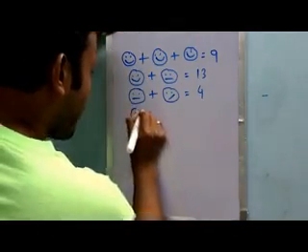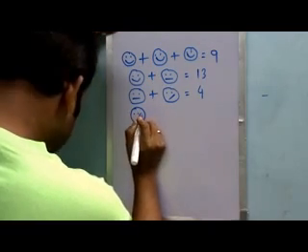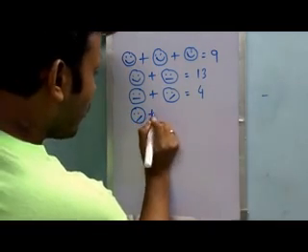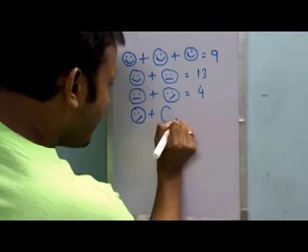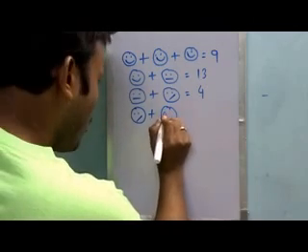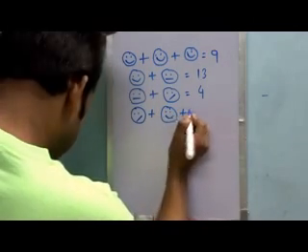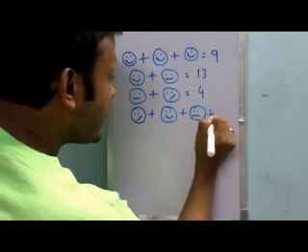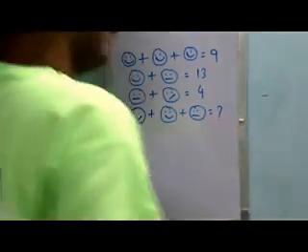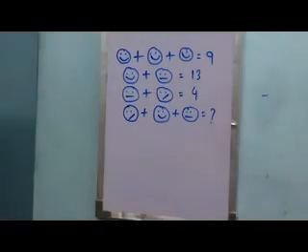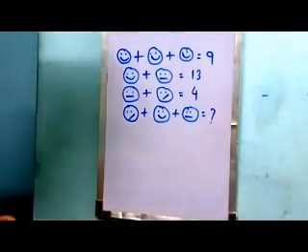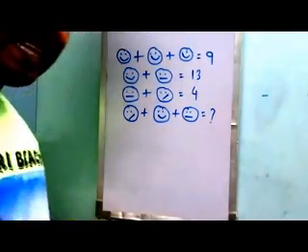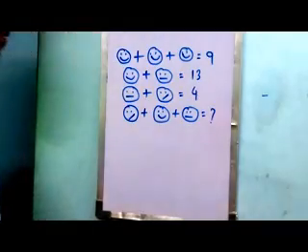So what will be the value of the addition of one dull face, one smiling face and one normal face? How do you calculate this? There is a logic of solving this type of problems.